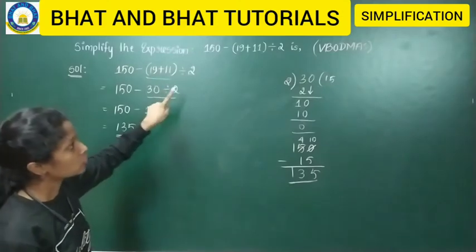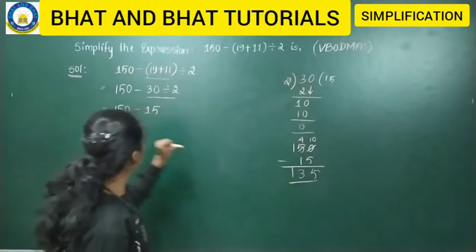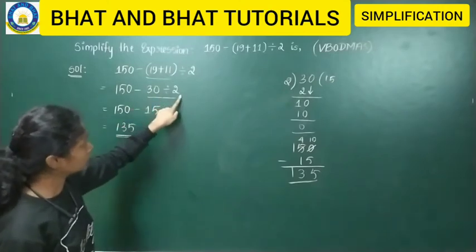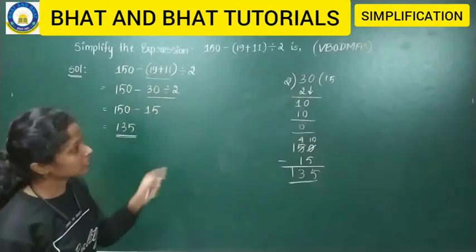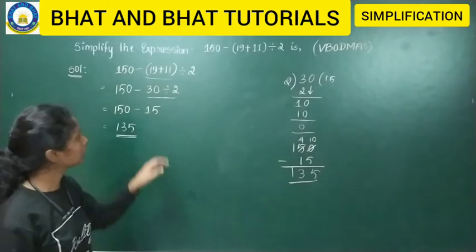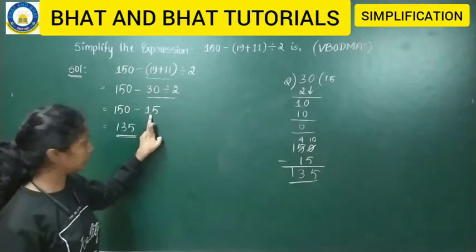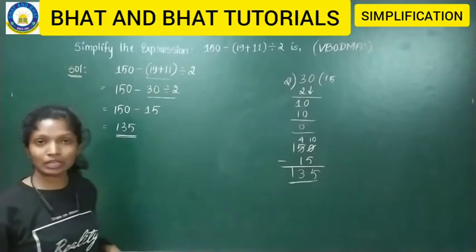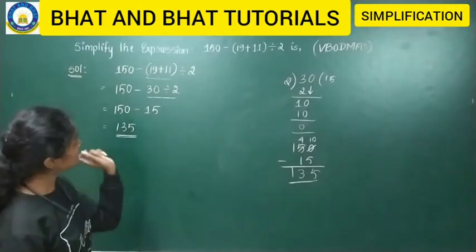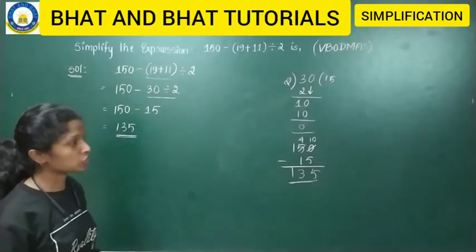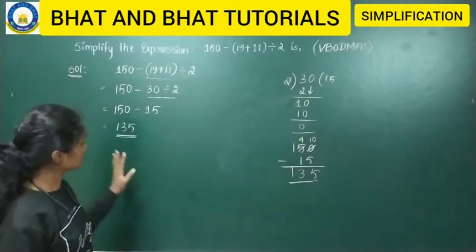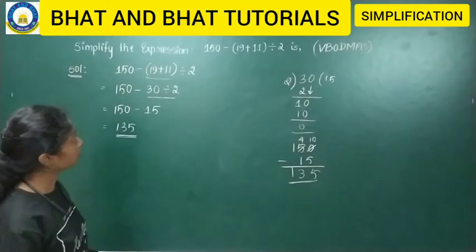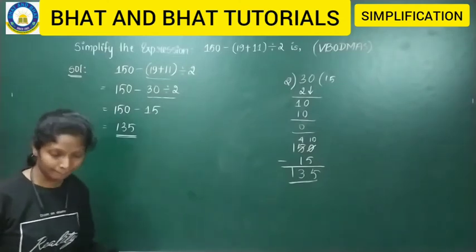In the VBODMAS rule, next is division. D stands for division, so I'll go with the division. When I divide this, I get the answer 15. Write the 15 over here. Now 150 minus 15 gives me 135. So when I simplify this particular equation, I get the answer 135. Now you can copy this down.